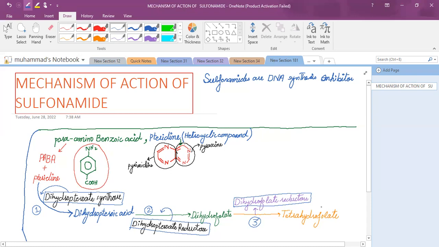Tetrahydrofolate is responsible for synthesis of DNA. And we all know that DNA is made by different bricks, and those bricks are nitrogenous bases.